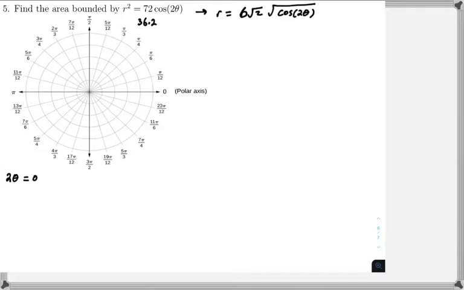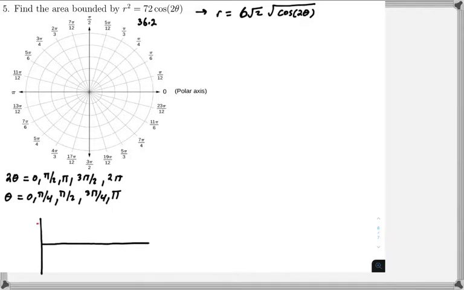And we want to line things up nicely, so we're going to have 2 theta equal 0, pi over 2, pi, 3 pi over 2, and 2 pi. So then theta is equal to 0, pi over 4, pi over 2, 3 pi over 4, and pi. And the maximum is 6 root 2, and we're not going to have any of the negative values because we're going to be taking the square root.